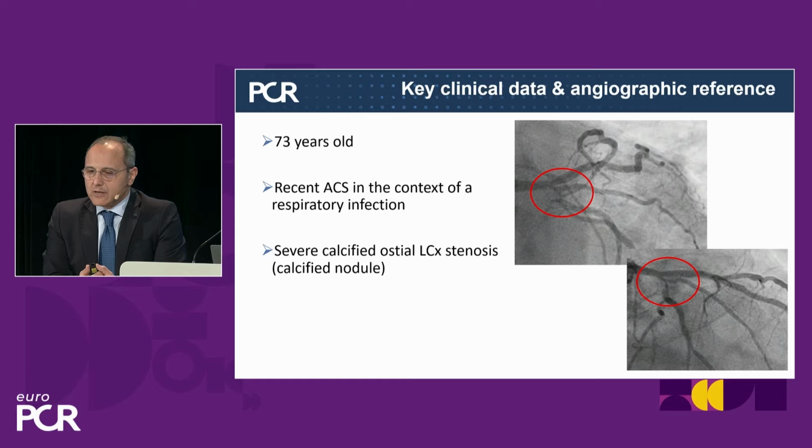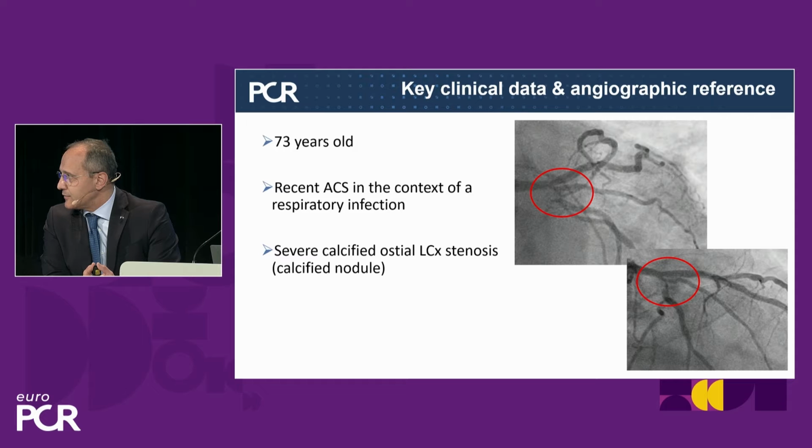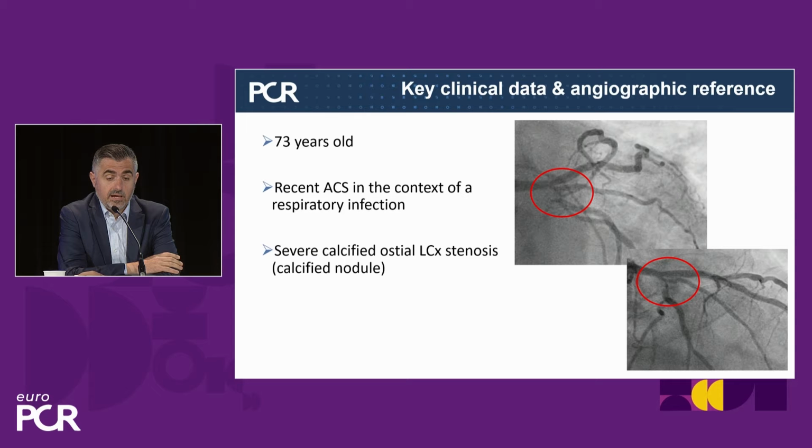Florim, I think the first need is to agree upon whether this is simply an ostial circumflex stenosis, in quotes, or a left main disease, because this will change completely our strategy. What do you think? I congratulate the operators that they chose such a case, because it's a really challenging case. To be honest with you, at the moment, whether this is purely an ostial problem or a left main problem, I cannot tell from this.